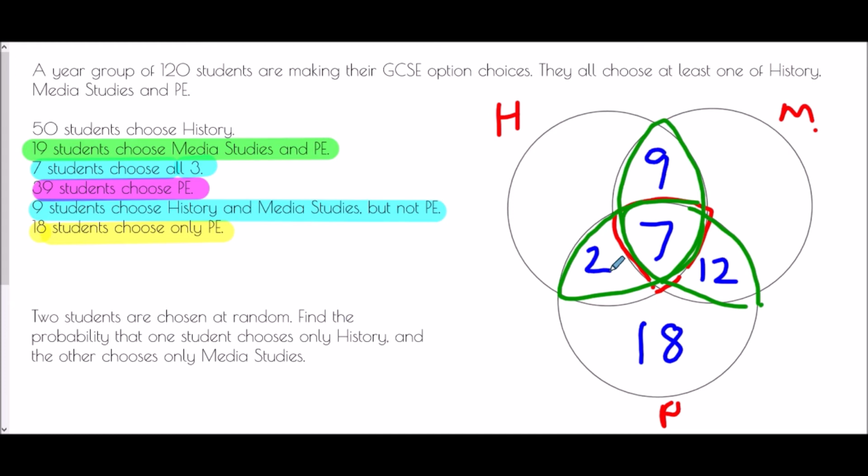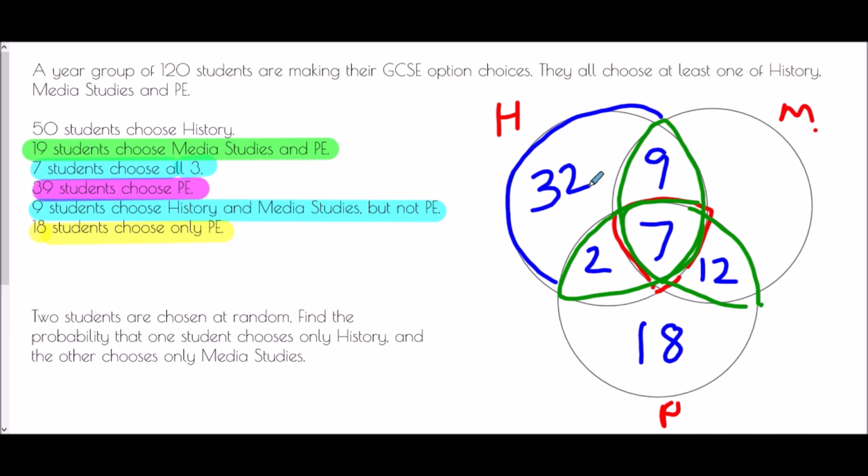Our last piece of information that we were given, 50 students choose history. So we need to find out how many people are in the final section for history. We have 9 students, plus 7 students, 16, plus 2 students, 18. So we actually have 32 students left over.